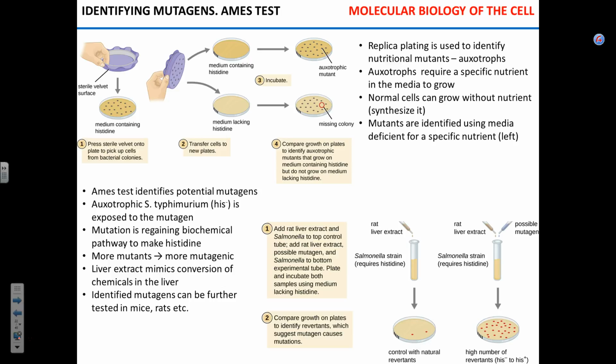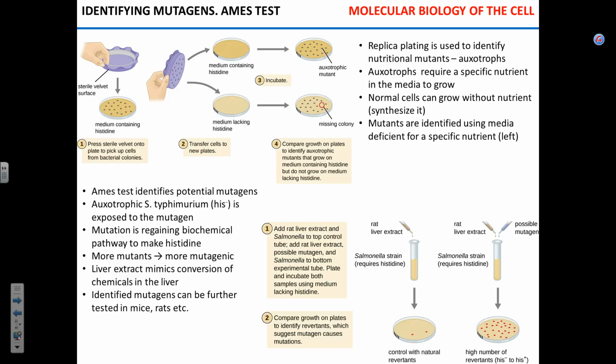But there is a way. You can select for a so-called auxotrophic mutant. What is auxotrophy? What is auxotrophic? Auxotrophs need a very special chemical to be present in the medium. Does it make sense?